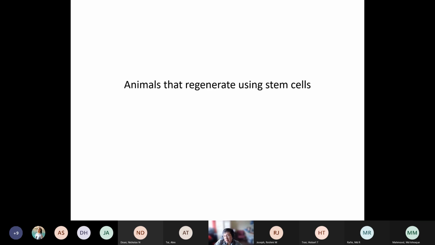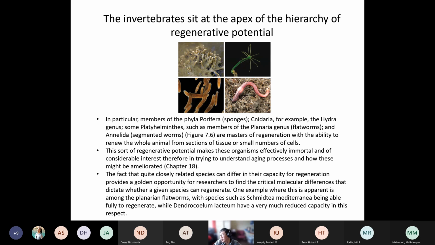In these scenarios, we do have the involvement of stem cells. So I'm going to introduce several very good model systems, in other words, the animals that can do a full recovery after amputation. It's a full-scale regeneration.